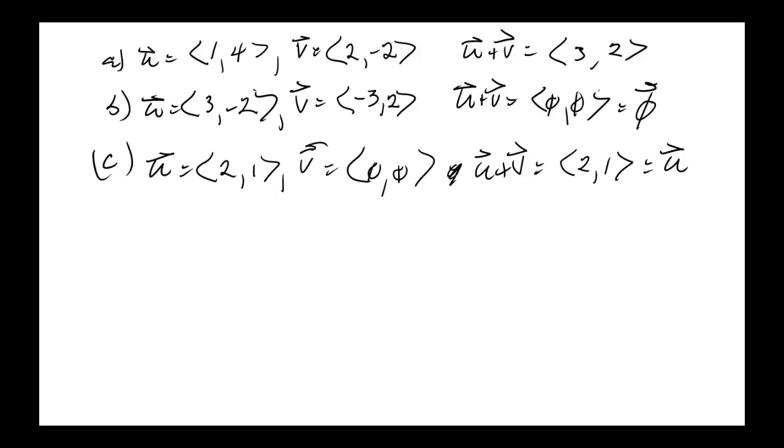So those are exactly the opposite vectors. Same magnitude, identical magnitudes, but opposite directions. You add a vector to its opposite, you're going to get the 0 vector. And C represents you add any vector to the 0 vector, and you get the original vector. In other words, the 0 vector didn't change the x coordinate or the y coordinate at all, so you still got the same vector you had.